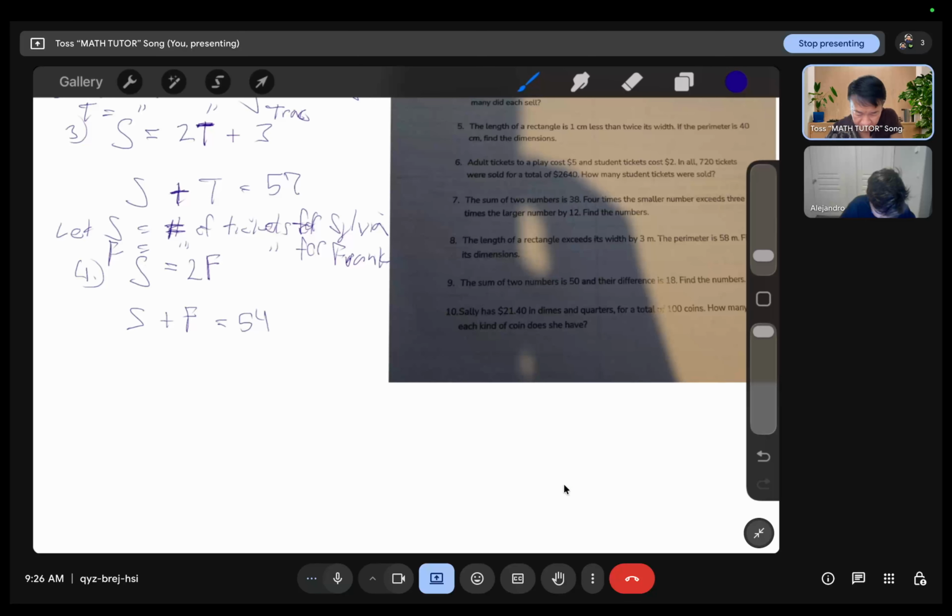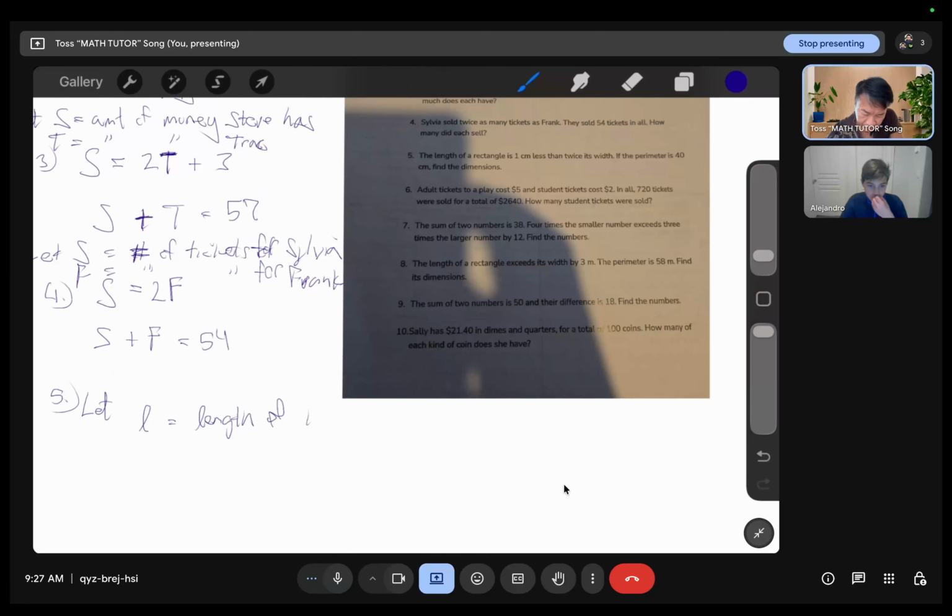Number 5. All right, the length of a rectangle. Let L, now we're lowercasing it, let L equal the length. This time you could literally write the length of rectangle. This is actually very common.